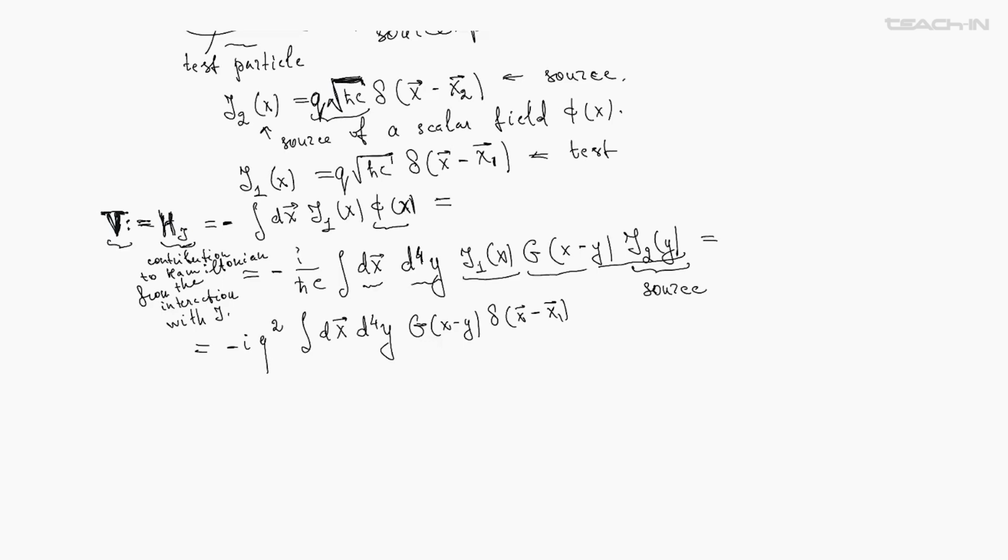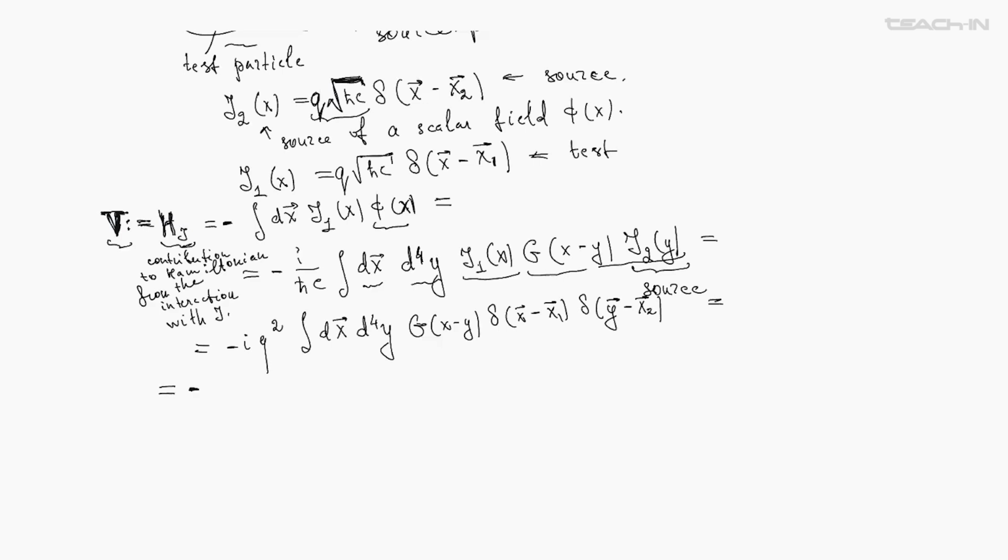And then what I will do is go to the Fourier representation of the Green's function. I will take as the Green's function the Feynman propagator, but it does not really matter which one you take, as you will see in a moment.